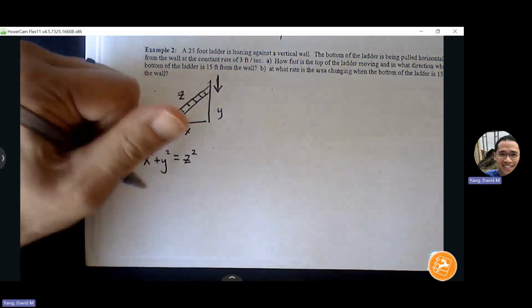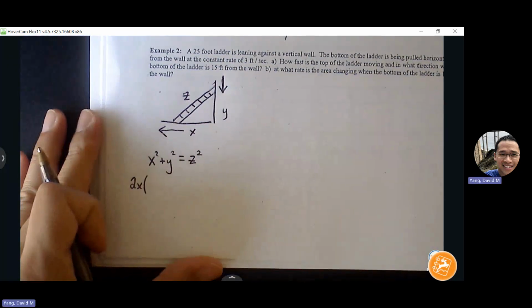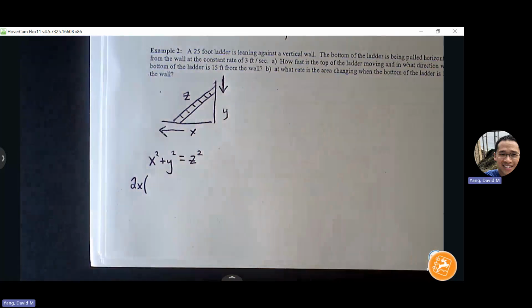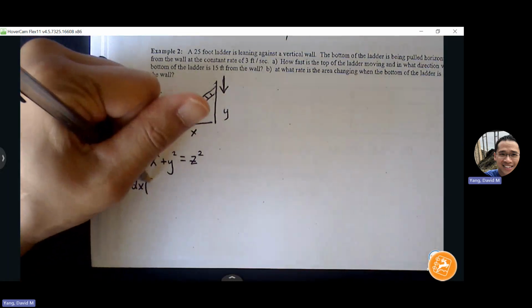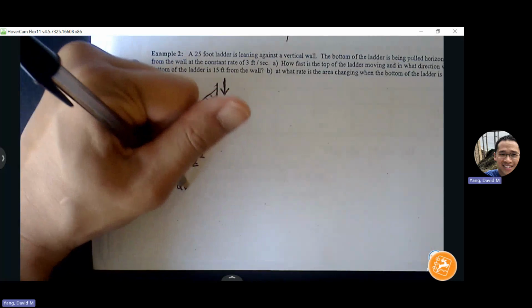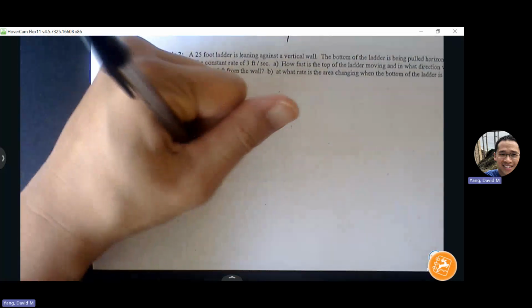Okay, so x squared becomes what? 2x. We need to involve something relating to time, because time is what's running through all these problems. 2x times dx over dt. Yeah, dx over dt. And you're going to repeat that process and do it for every one of these variables.